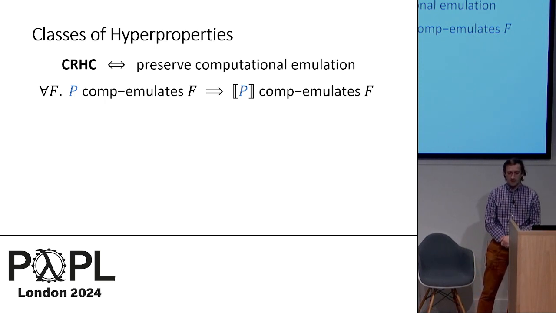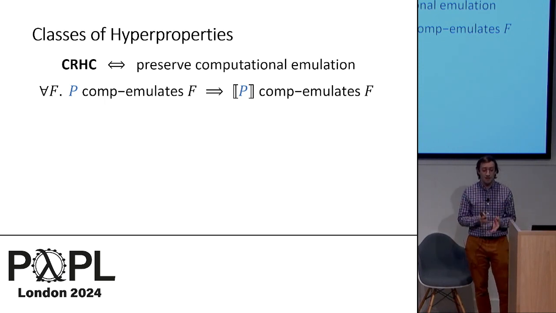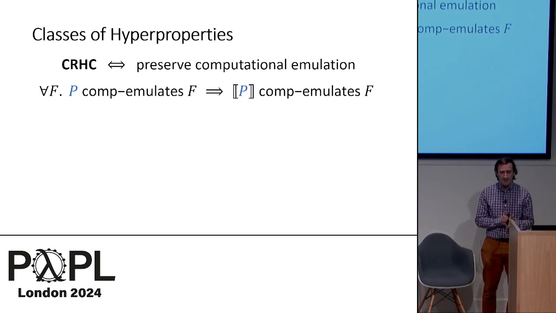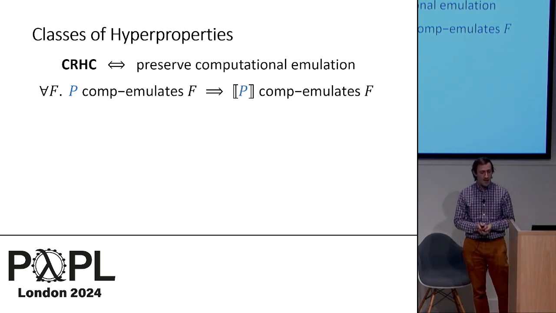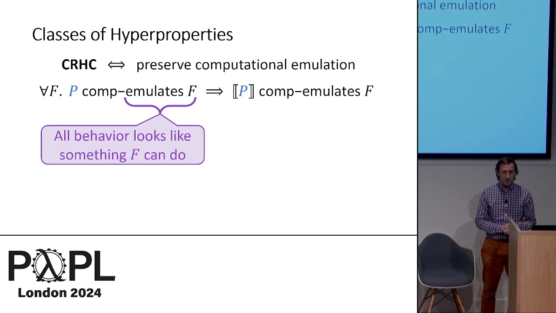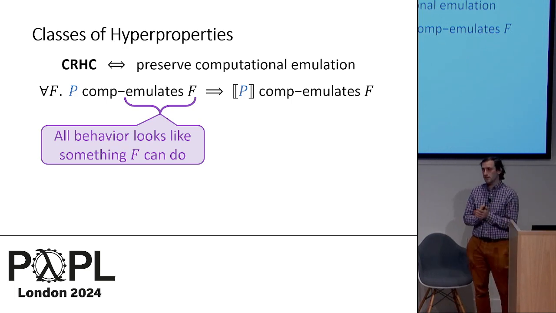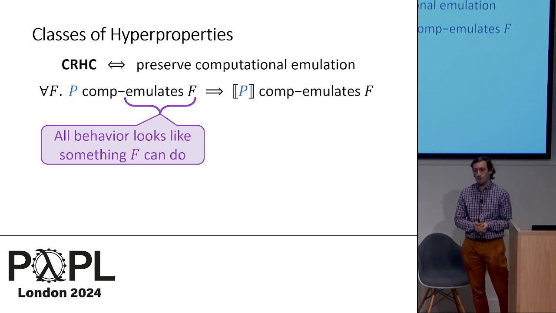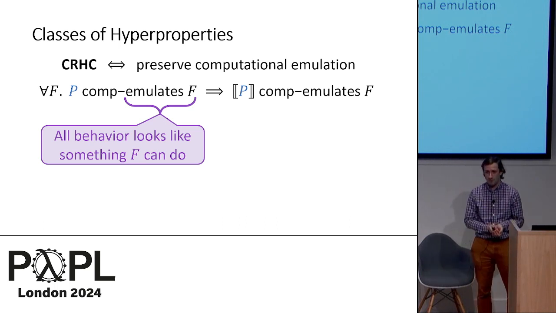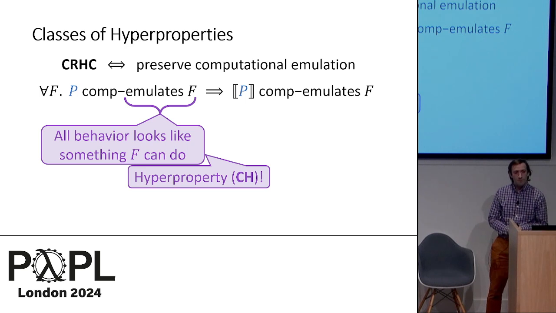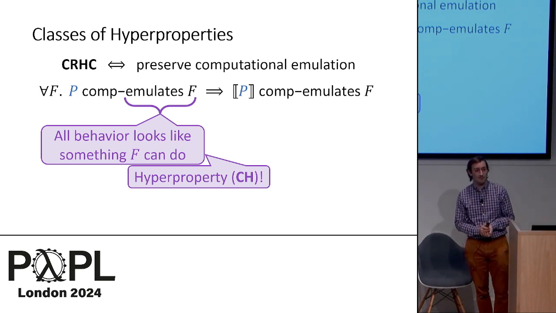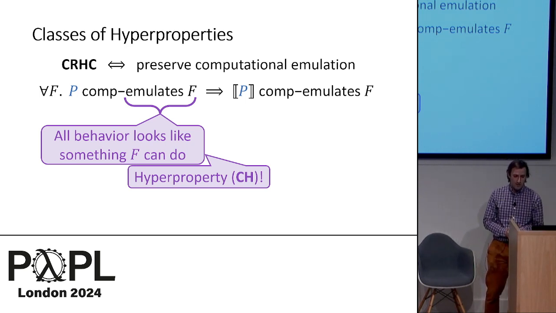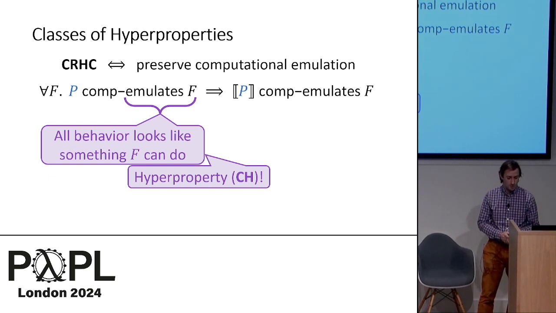Now, this might not sound like a statement about preserving hyperproperties, but it kind of is. Because emulating F here means that all of your behavior looks indistinguishable from the behavior of F. So we can just take the set of behaviors that look indistinguishable from the behavior of F, that's a hyperproperty, and say that you're in that. Your behavior is in there somewhere, and that's a hyperproperty that we call CH, I think it's the computational emulation hyperproperty.